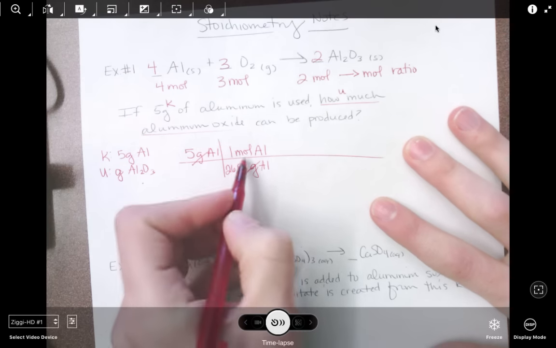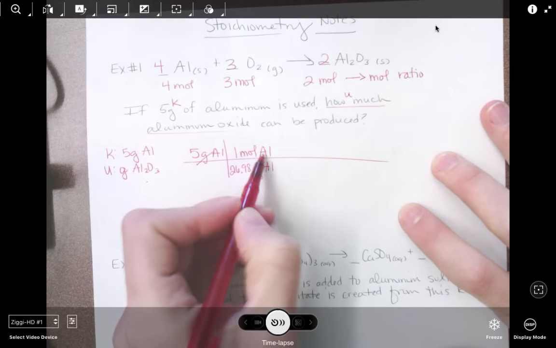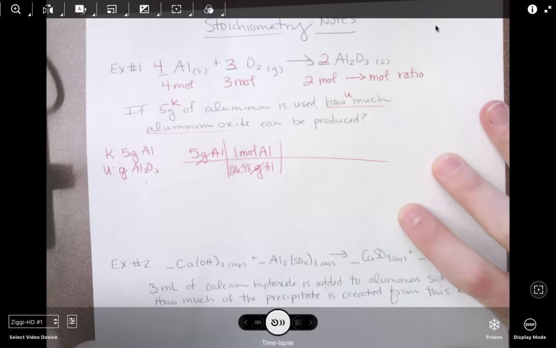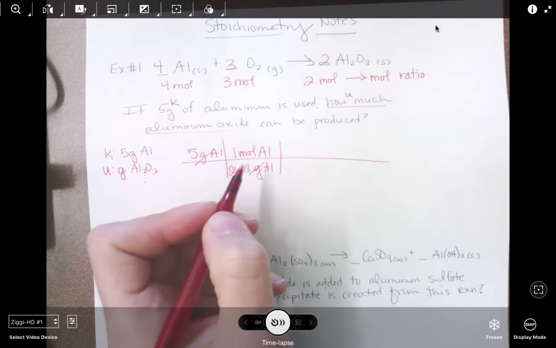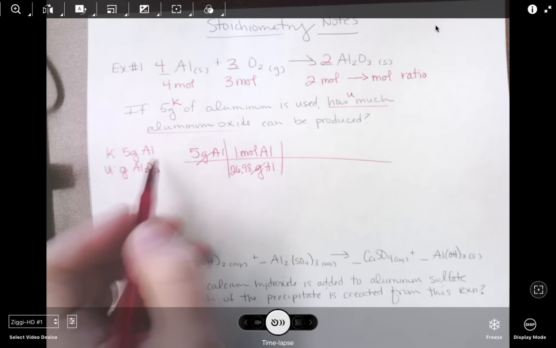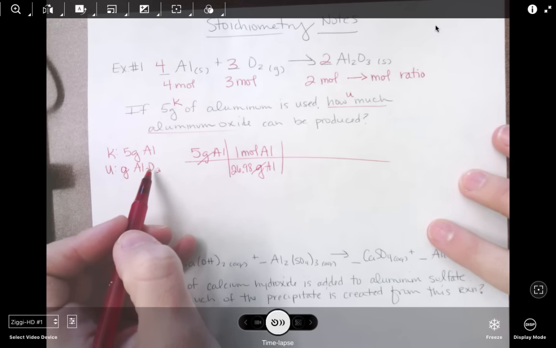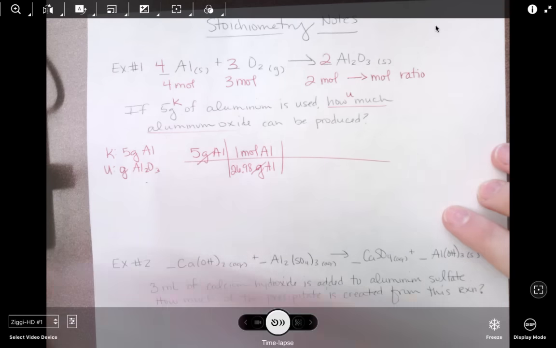It's really important that when you're doing stoichiometry that you put the compound or element by each step to be methodical about it. Now that I'm in the moles of aluminum, I don't care about aluminum. I care about aluminum oxide. What stoichiometry does is it gets you out of one element or one compound into another.